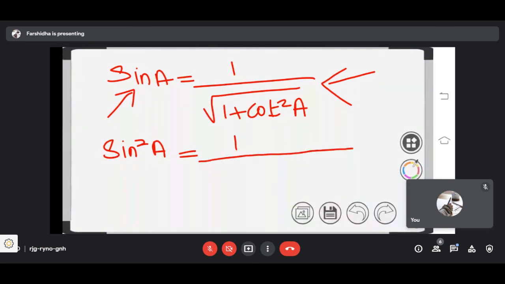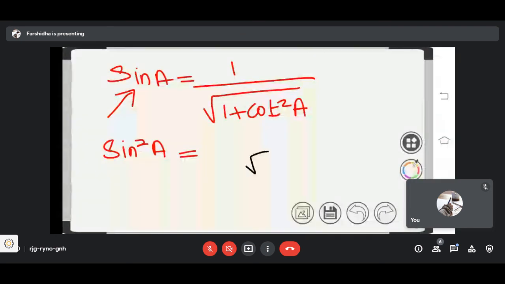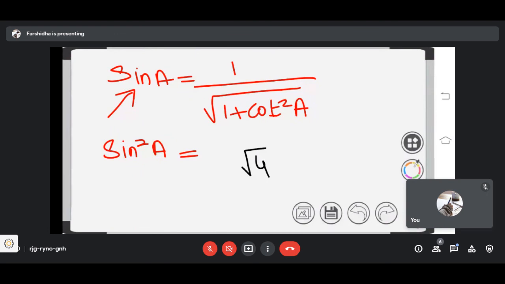When you square the denominator, what happens to the root? Suppose root 4, you are squaring root 4. Root 4 is 2, and squaring 2, two twos are 4.